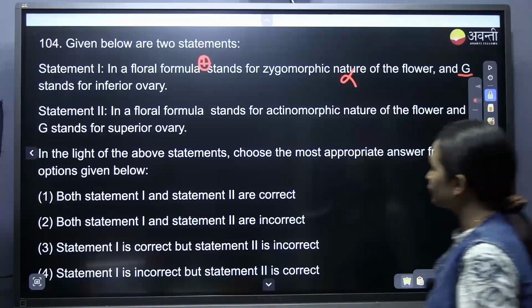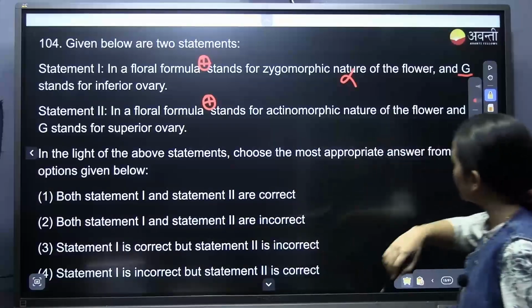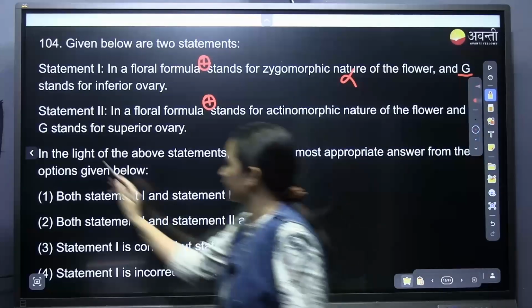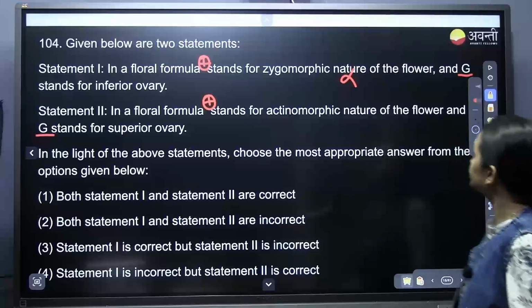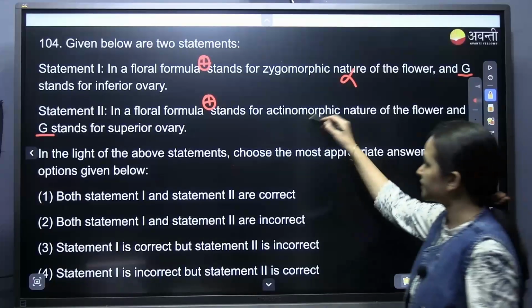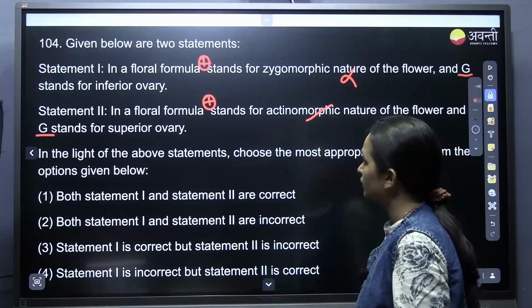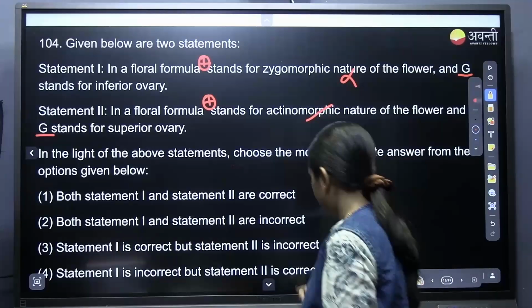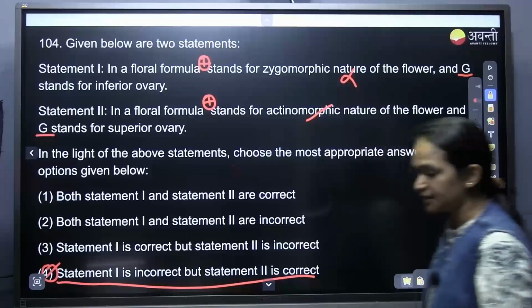In the floral formula, this sign stands for actinomorphic, and G stands for the superior ovary. Correct. So statement 1 is incorrect, 2 is correct. D is the correct answer.